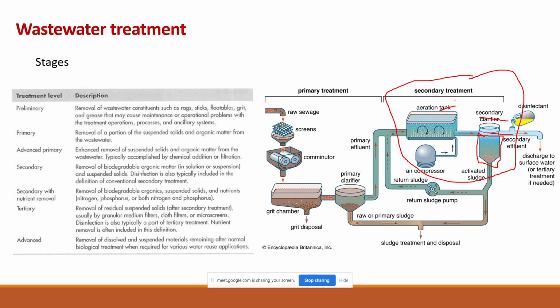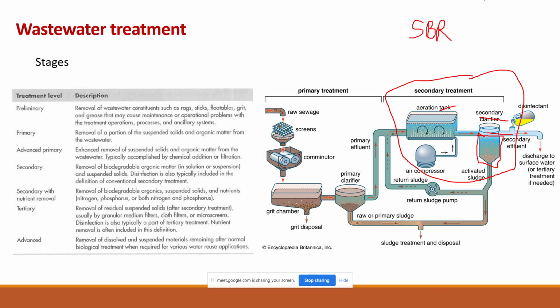But in the sequential batch reactors, which are now mostly employed, so you see there are many government reports also. If you just Google it, the inventory for the sewage treatment plants, you will get a list of all the states, and they also represent what technologies are employed in that particular state. Okay, so I'll try to add it in the next session to just give you an idea.